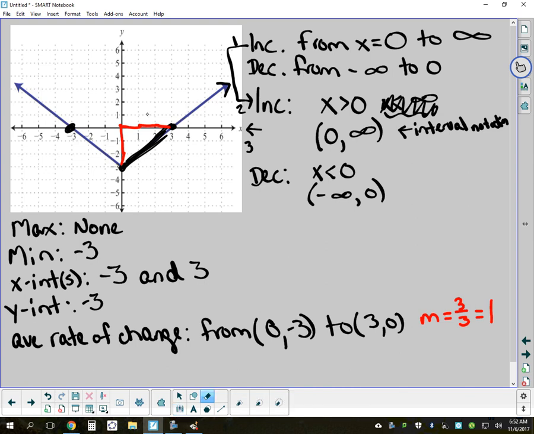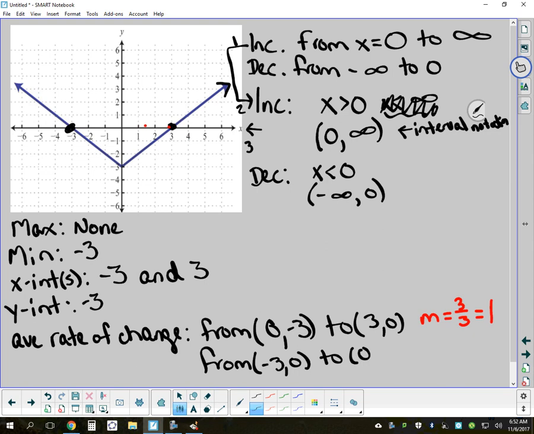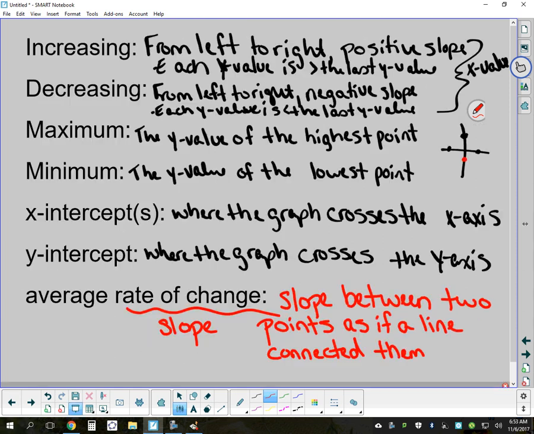Okay? Let's look at two different points, though. Let's go from (-3, 0) to, oops, backwards, to (3, 0). Now I'm looking at these two black points. You might be thinking, first I am going down and then I'm going up. But remember what your definition is. It's as if a line connected them.